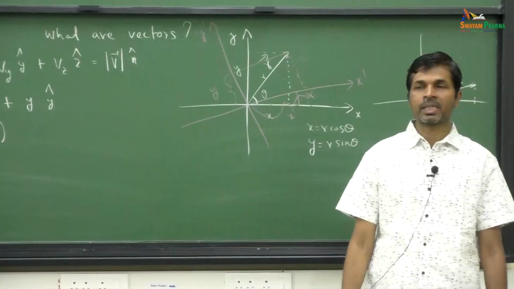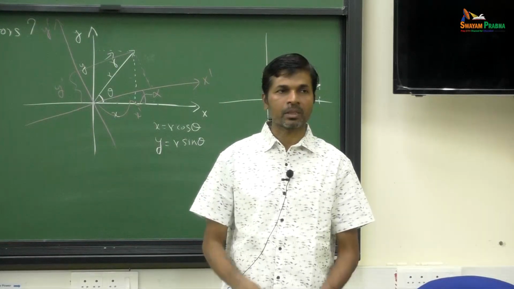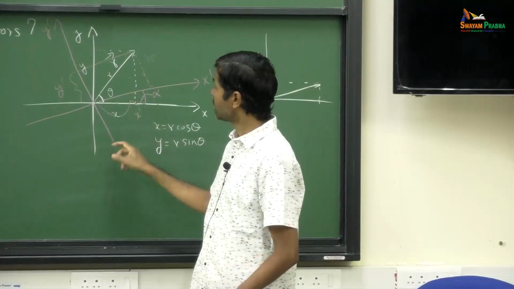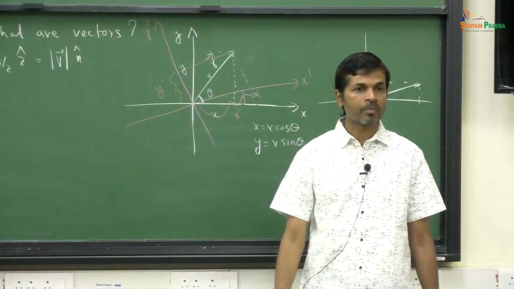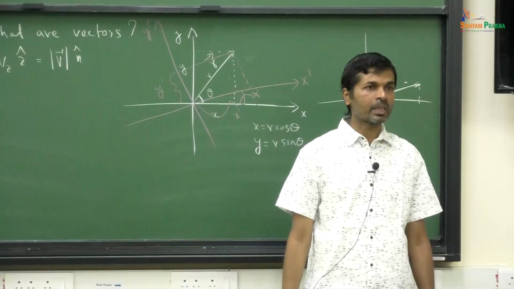But they don't change randomly. They change in a nice fashion. For example, because this angle here is alpha, although x, y are different from x prime, y prime, they are related to x and y in an interesting way.